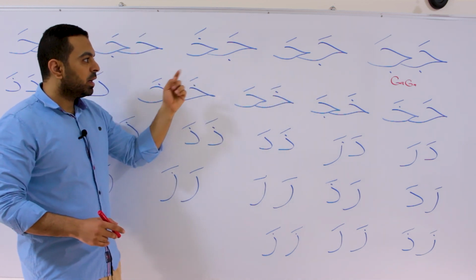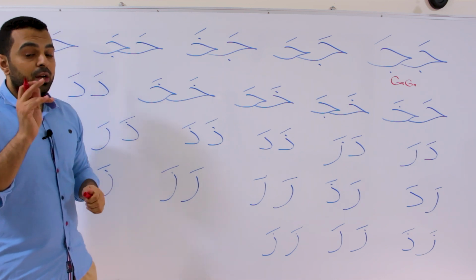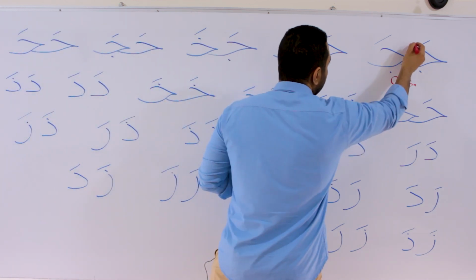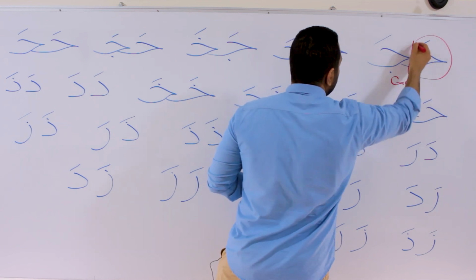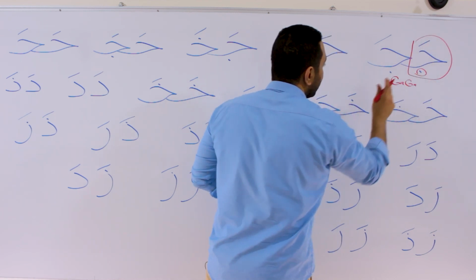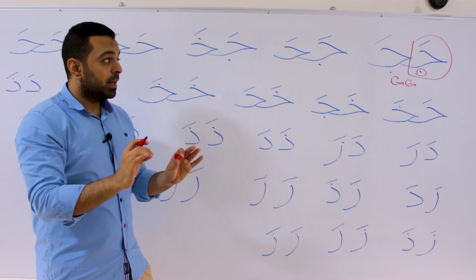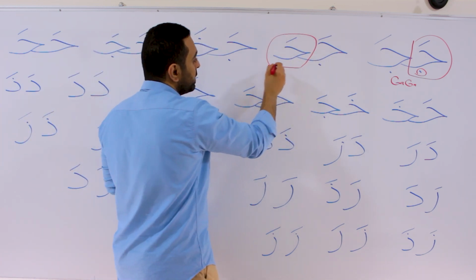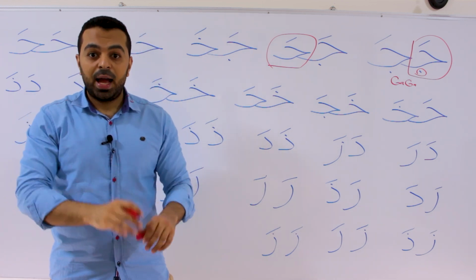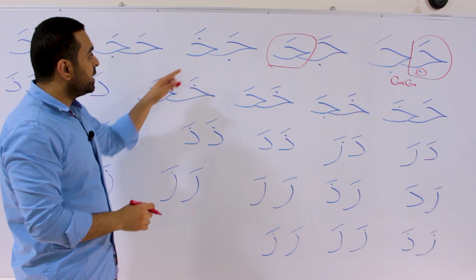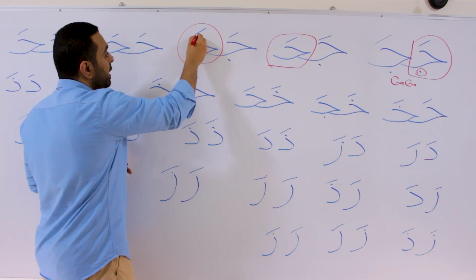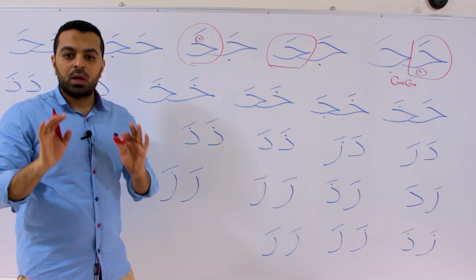Ga, kha, gakha. And remember, when you see this letter and the dot is down, it's ga. Now, when there are no dots at all, like this one, it's ha. Now, when you see one dot, however, it's at the top, so it's kha.